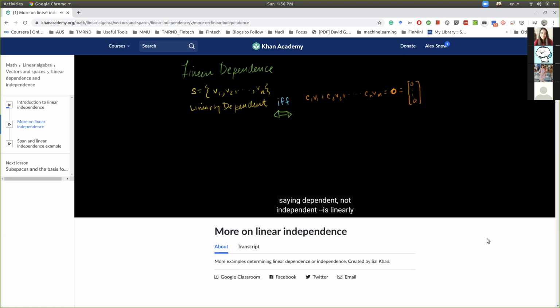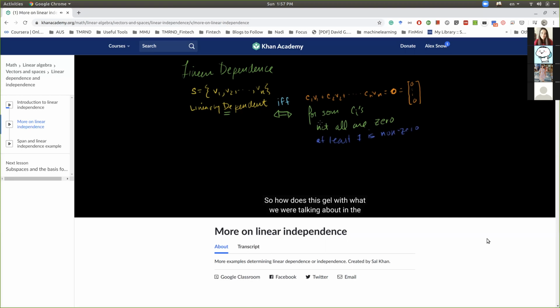Remember, I'm saying dependent, not independent, if and only if I can satisfy this equation for some ci's where not all of them are equal to 0. For some ci's where not all, and this is key, not all are 0. Or you could say it the other way. You could say at least one is non-zero.